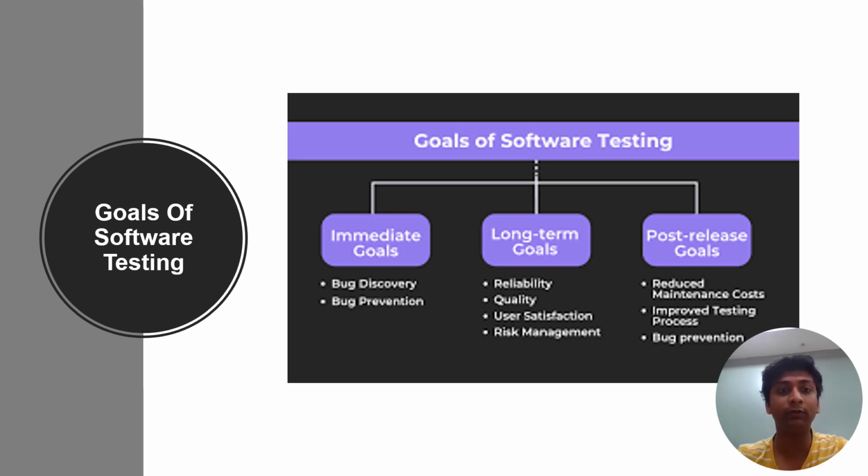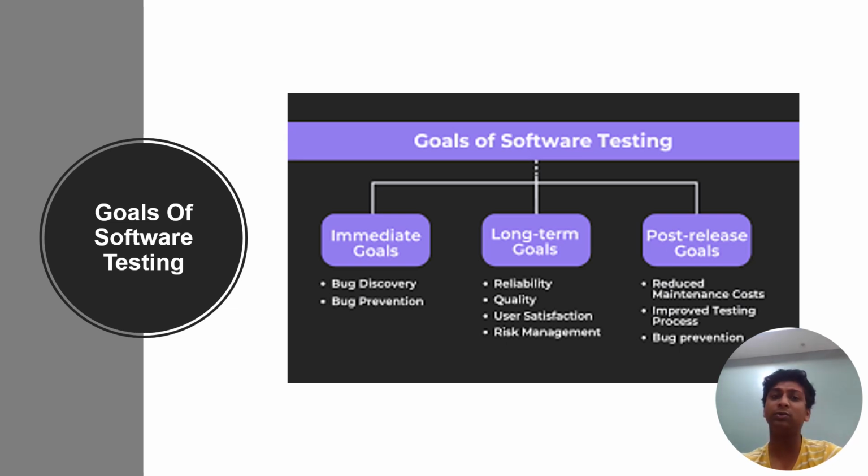What do you mean by immediate goals? It's about whether there is any bug right now, or how to prevent it: bug discovery and bug prevention. A bug is nothing but some error that causes delays, or syntax errors. We'll discuss bugs in detail later. That is immediate goals.